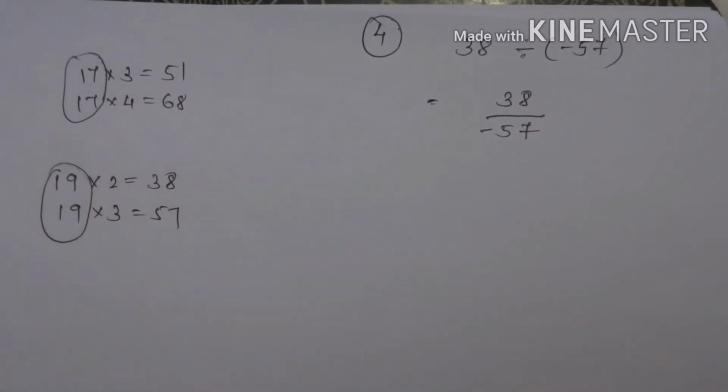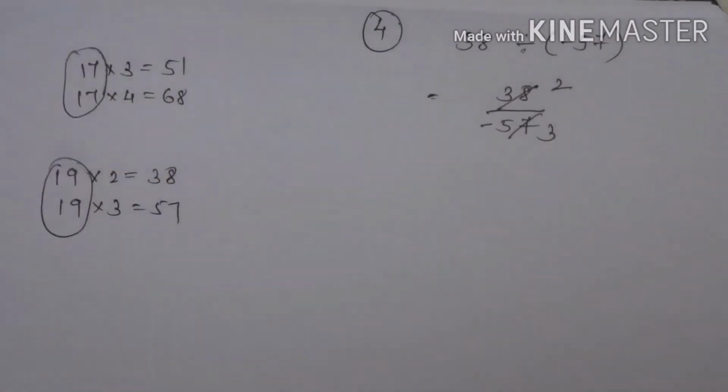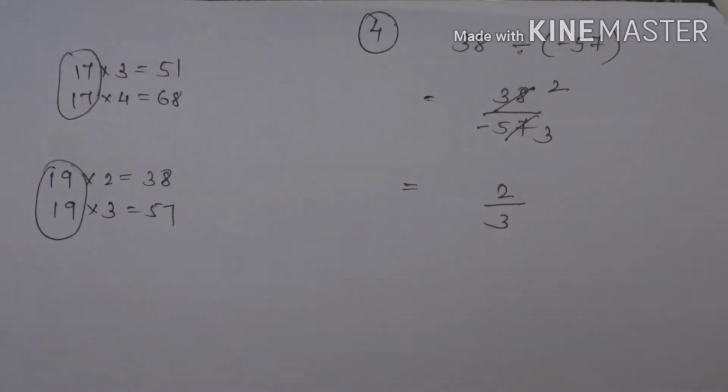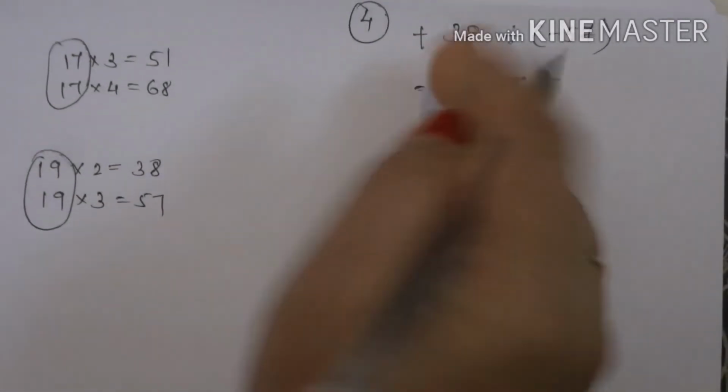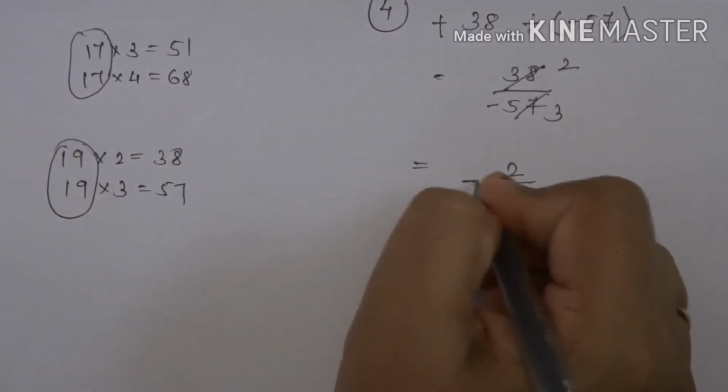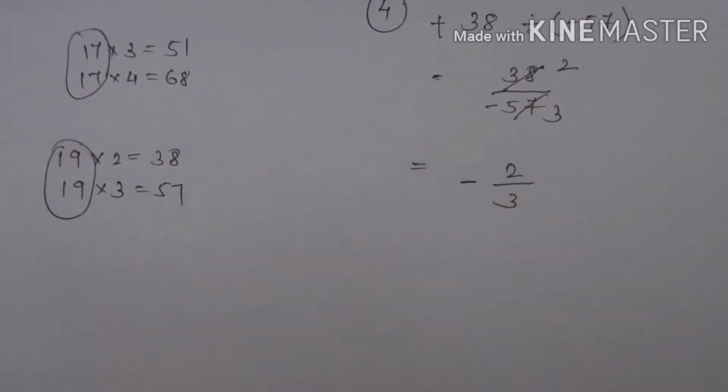So same table is 19. So 19 2s are 38. 19 3s are 57. So the answer in reduced form of fraction is 2 upon 3. Now what sign? Here it is plus and here it is minus. So plus minus is minus. So the answer is minus 2 upon 3.